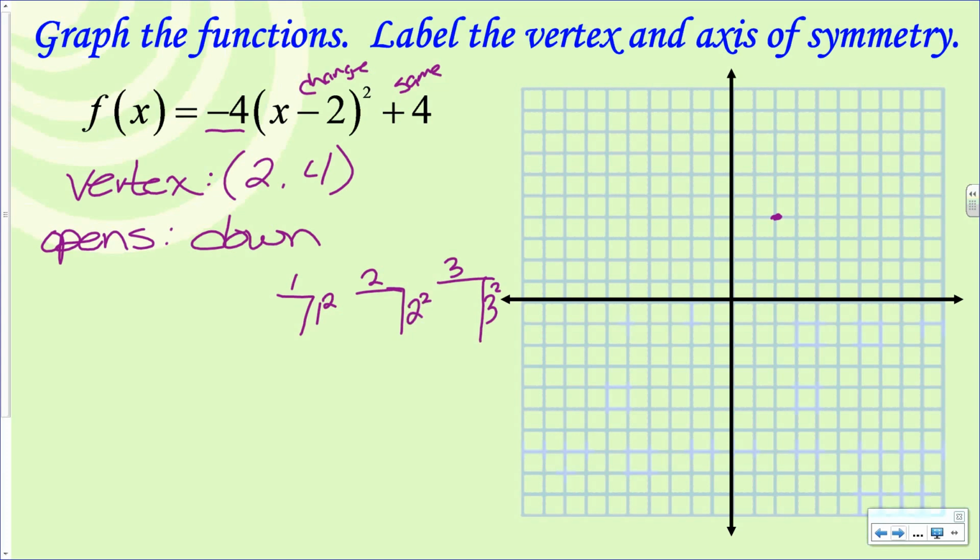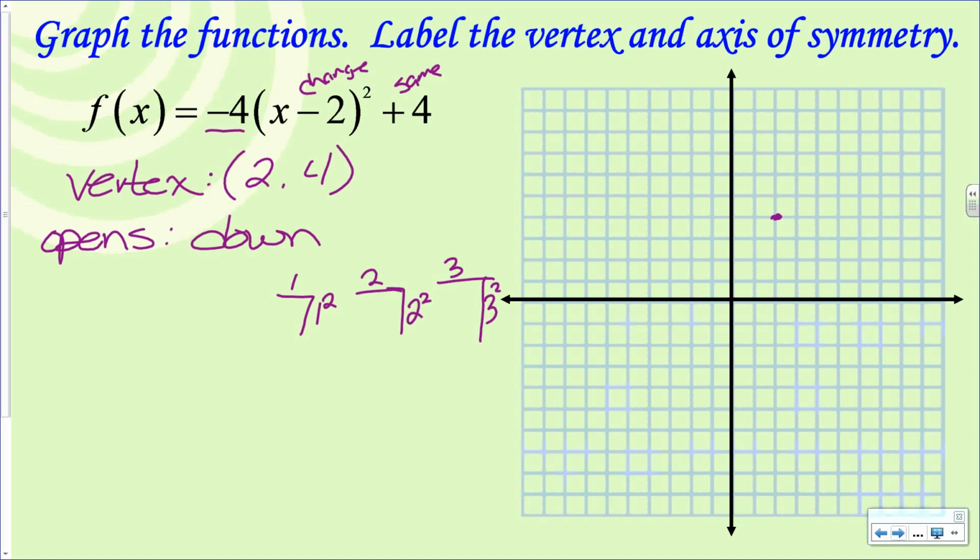That's the pattern to get from this point to the next one. Over 1, down 1 squared. Over 2, down 2 squared. We did talk about this. It doesn't make it wider. It makes it narrower. You have to draw this.